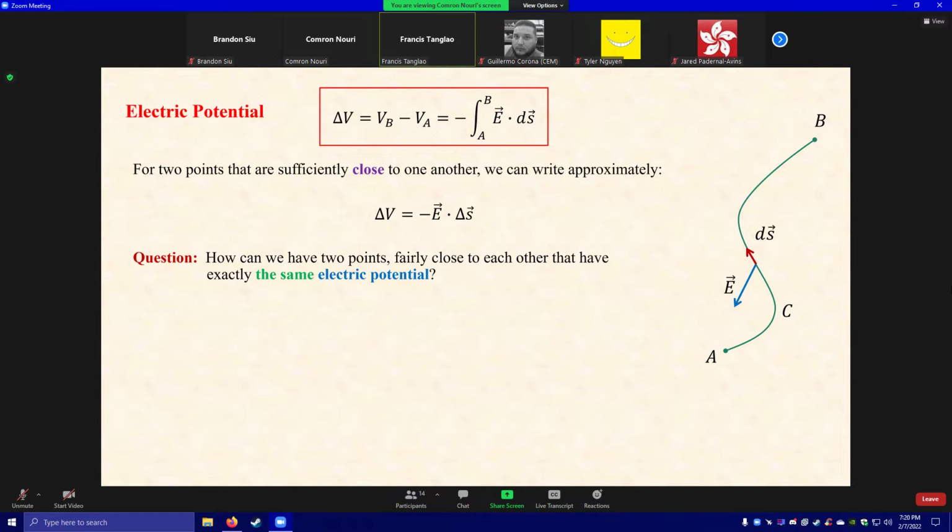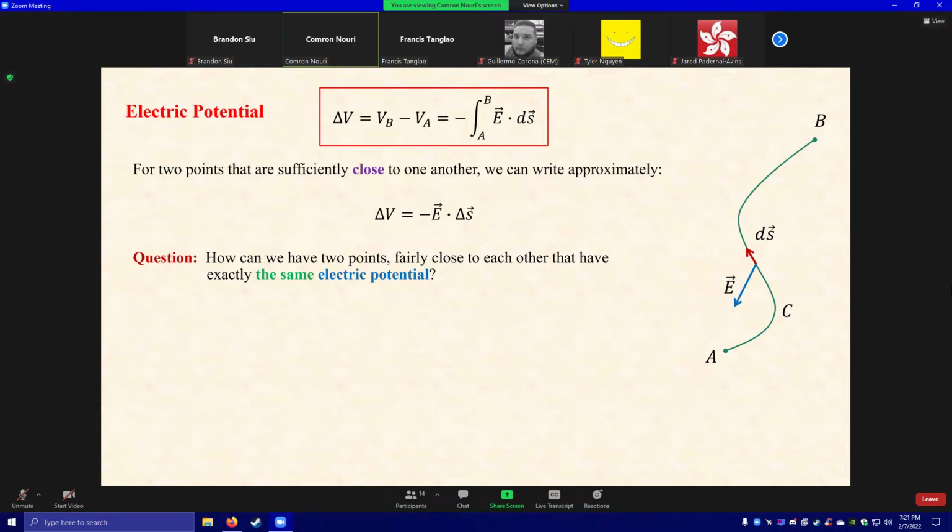Wouldn't delta S have to be really small? Actually, delta S is small, but it's not zero. Is that possible? Because E is constant, right? So the electric field is constant and delta S isn't zero, but delta V is equal to zero. Yes. Delta S is non-zero, but delta V is zero.